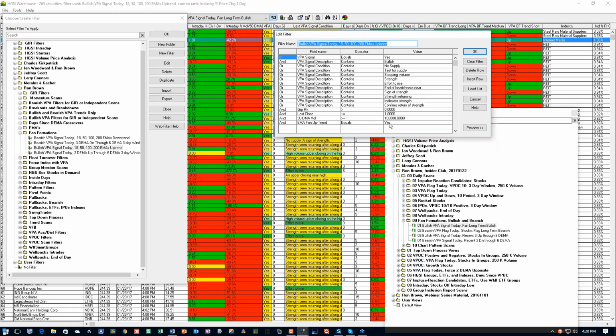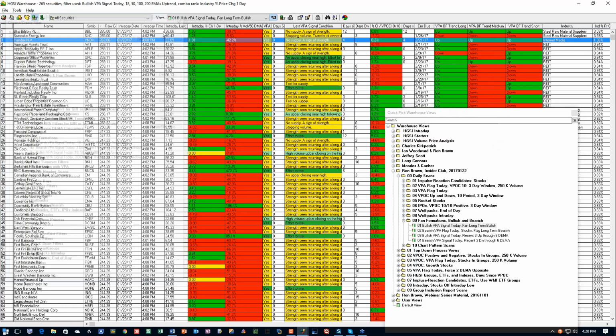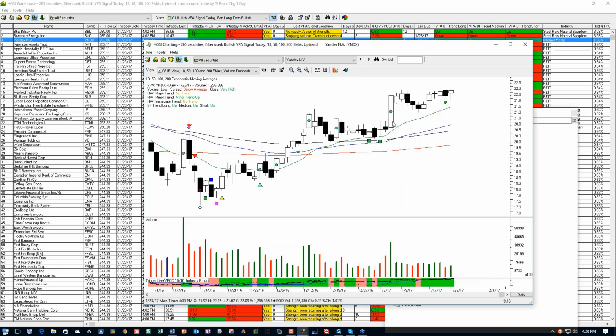And that will make sure that the stocks you're looking at are in what I consider a long-term uptrend because everything is stacked.